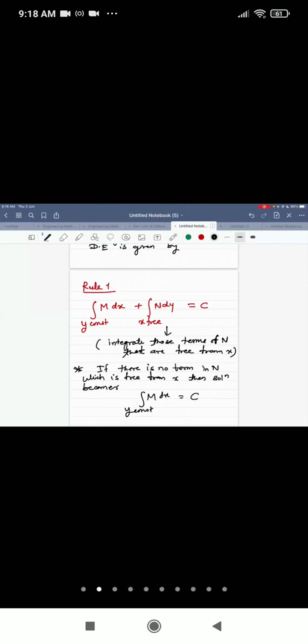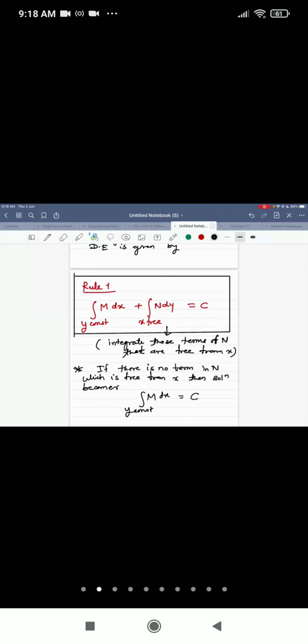Means the other term will be 0 there. Please write it in your notebook. So this formula which is written here is very, very important. Rule number 1. Almost in all questions, we are going to use this formula.